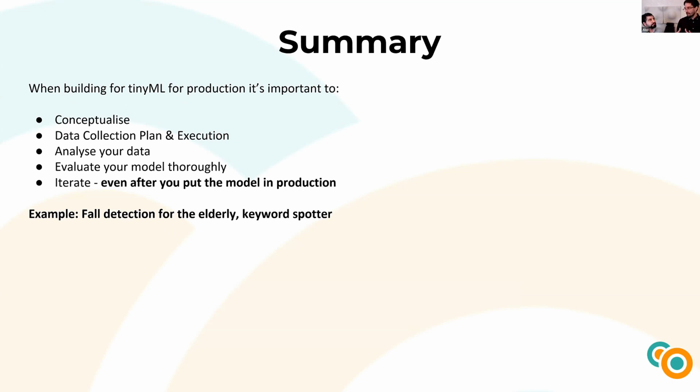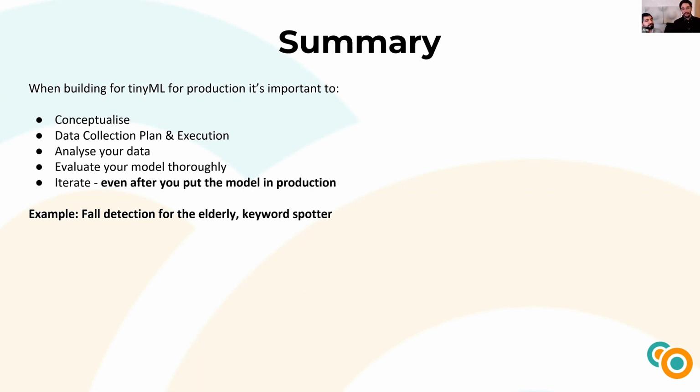What sensor are you using? This is to make your data collection and your data as representative of what the product will be subjected to in real life as possible. If you really spend time with the conceptualization, and please reach out if you want help with that, that will guide you to make a really good data collection plan and get really good data for your model. And that's really the foundation.